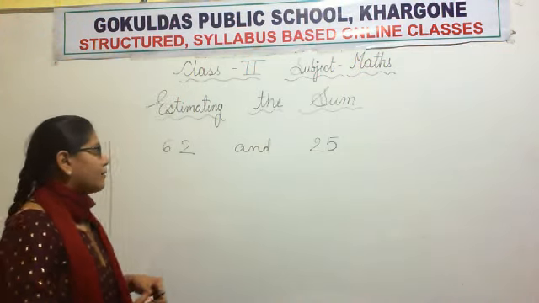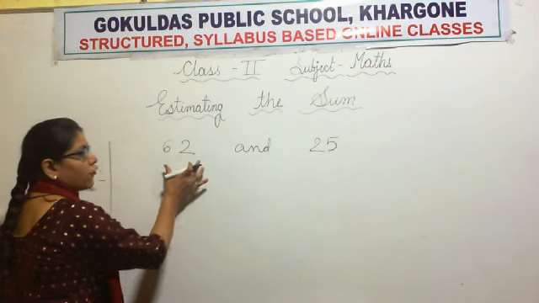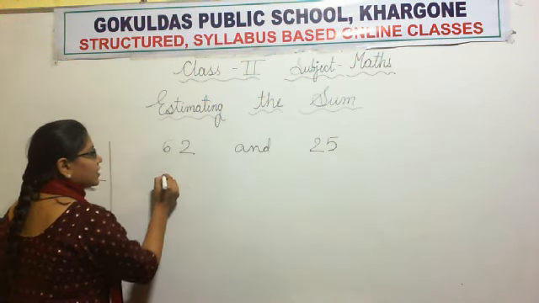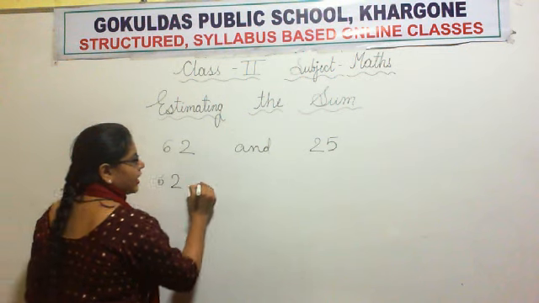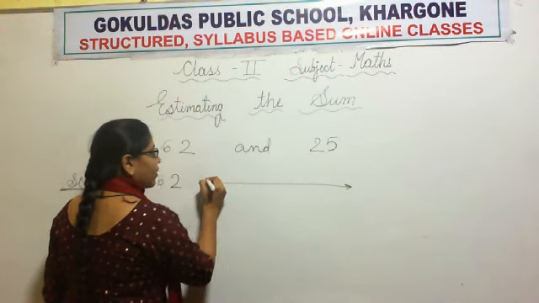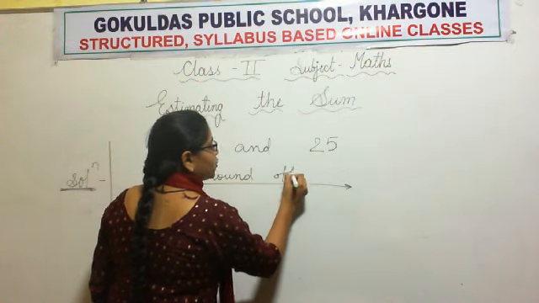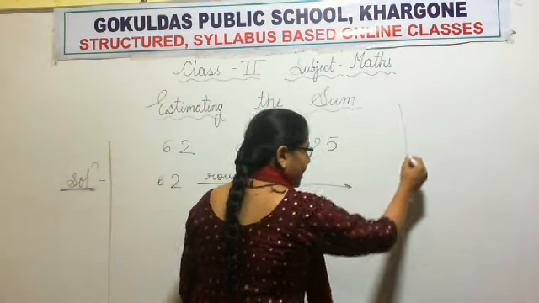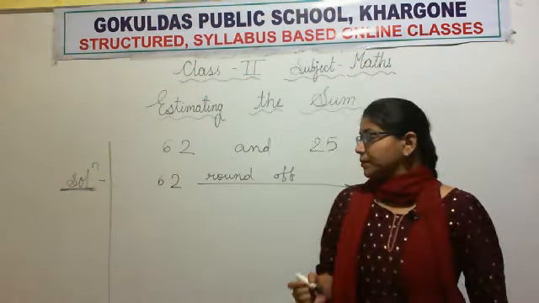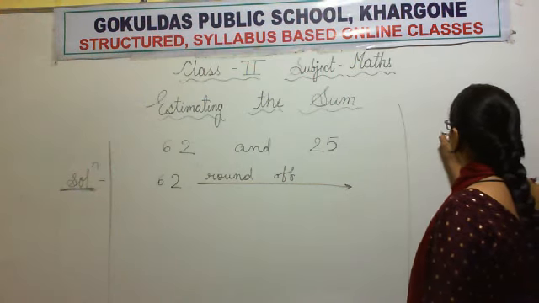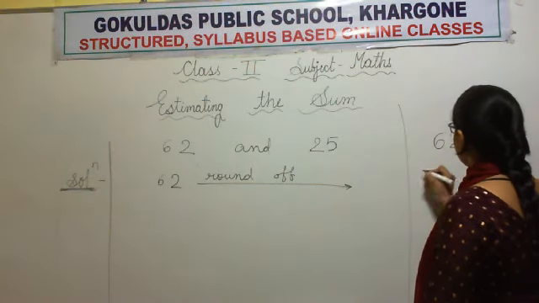So first of all we will round off both the numbers. The first number is 62 and we want to round it off. Now this side is our rough work. Okay, 62. What have we learned?